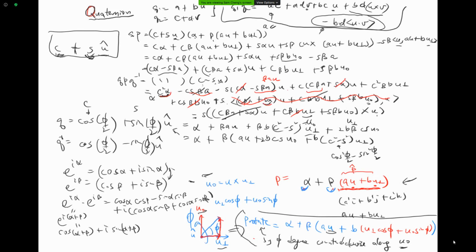So this gives me the equations: cosine alpha plus beta equals cosine alpha cosine beta minus sine alpha sine beta, and sine alpha plus beta is equal to cosine alpha sine beta plus sine alpha cosine beta. So therefore, basically, let me erase some of this to give me some space.